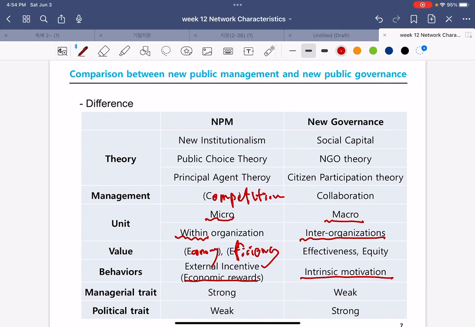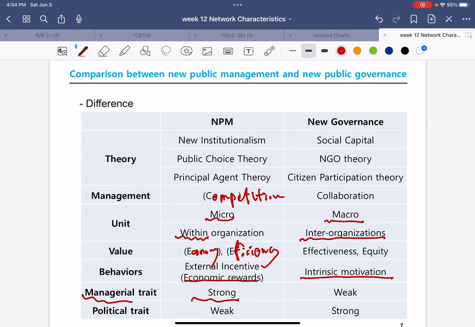Also, managerial trait: NPM emphasizes management, and NPM has a strong managerial trait. However, new governance emphasizes process and relations between the different actors, and the new governance has a weak managerial trait.